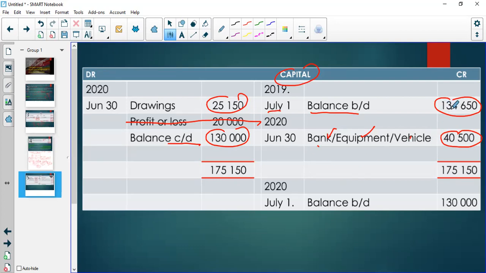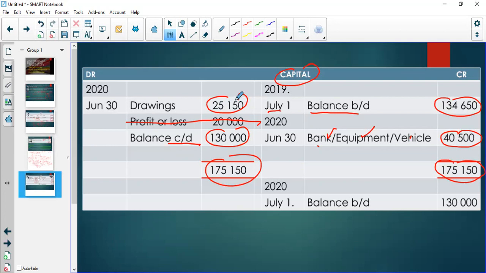Right? So for a capital account, from this you can see that your bigger side is the credit side, and the smaller side is the debit side. So your debit side is smaller by 25,150.